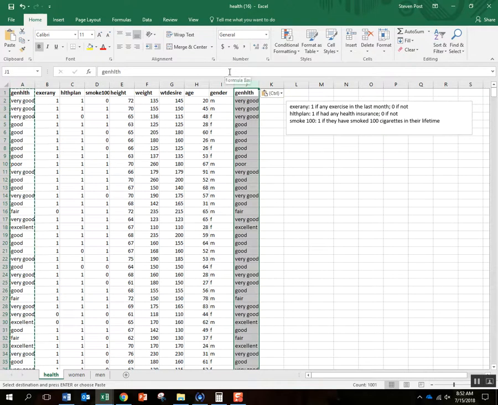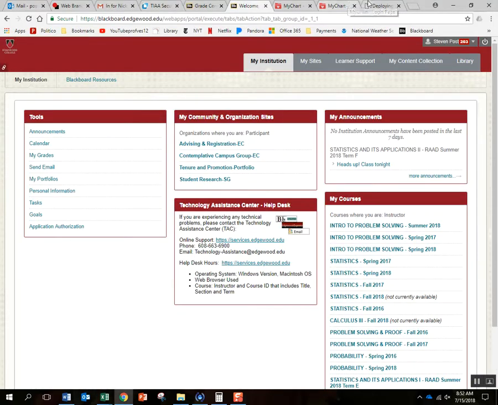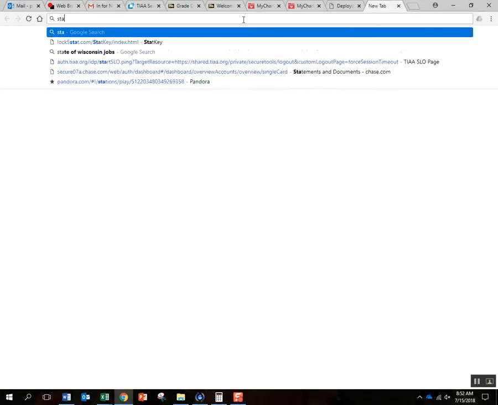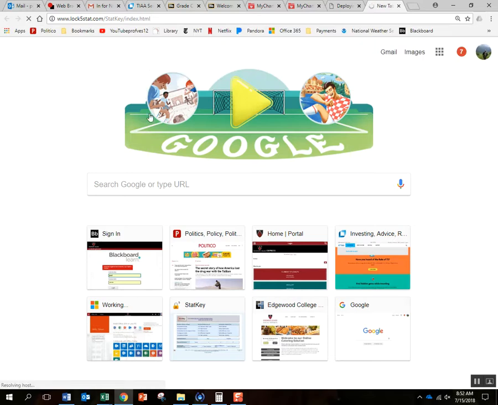So in order to set it up and get it into StatKey, we will move the column general health over, move the column over. Then we'll go to StatKey, and use two categorical variables just to see what proportion of each are in excellent health.